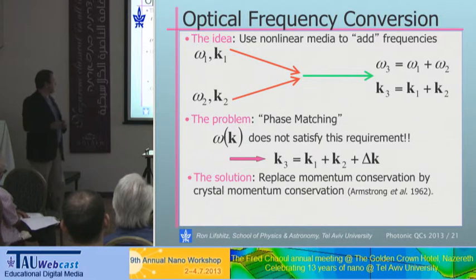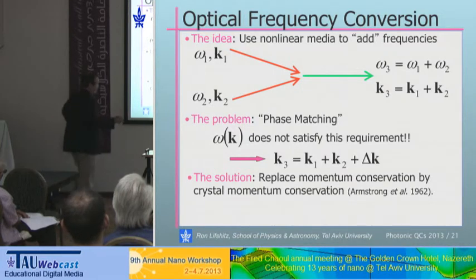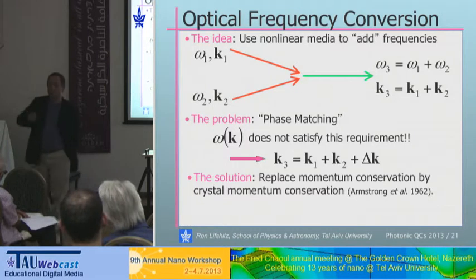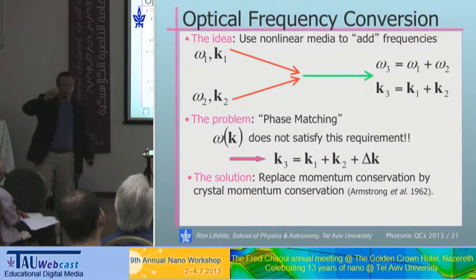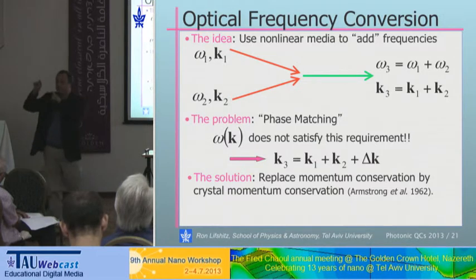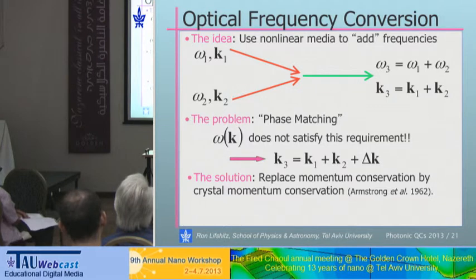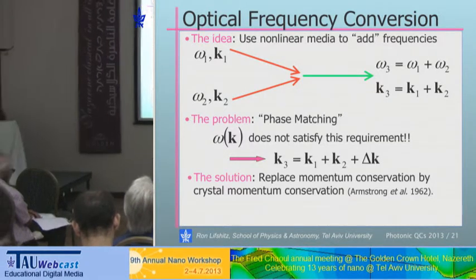Now what physicists have known for a very long time, and this solution was proposed in 1962, is that if you have an ordered structure, if you have a structure whose diffraction diagram contains Bragg peaks, the positions of these Bragg peaks can replace exactly this missing momentum, this missing wave vector.